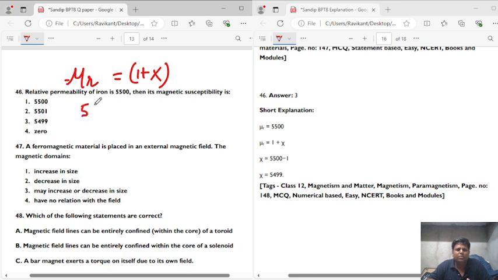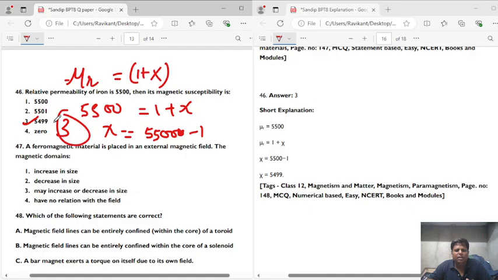So simply 5500 is equal to 1 plus xi. So xi is equal to 5500 minus 1. 5500 minus 1 is 5499. 5499 is option 3. So correct answer for question 46 is option 3. Right? Yes. 5499 simply using the formula.